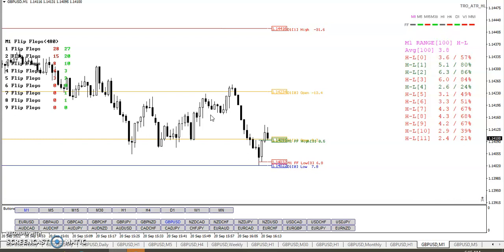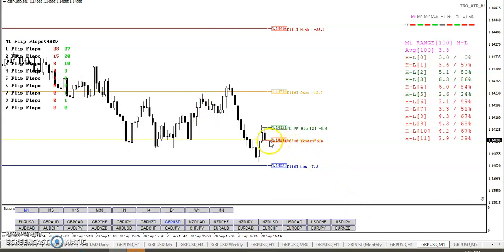So that's how you can trade the flip-flop boxes. And I call them boxes because that's what Walmart likes to call them. And so here we have another breakout, or a slight breakout of that flip-flop box.